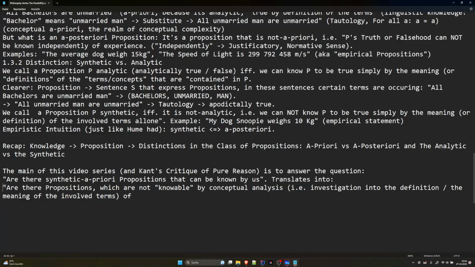Okay, let's start again because I know it's a little bit involved. Are there propositions which are not, that's important, not knowable by conceptual analysis? Meaning, are there propositions that are true?